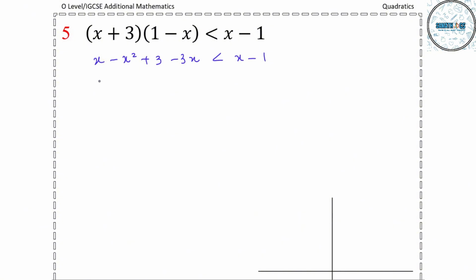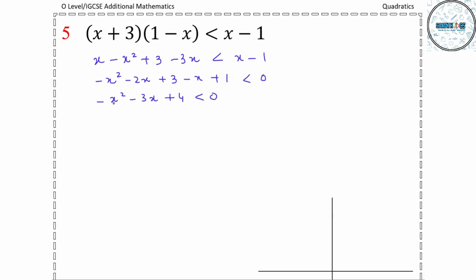Then we have here minus x squared minus 2x plus 3. We will take this minus x on this side and minus 1 on this side. Now we have here minus x squared minus 3x plus 4 is less than 0.